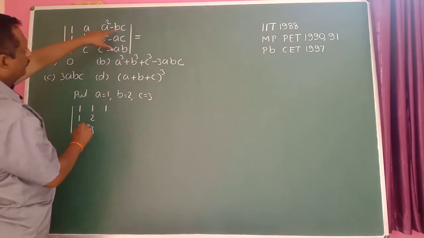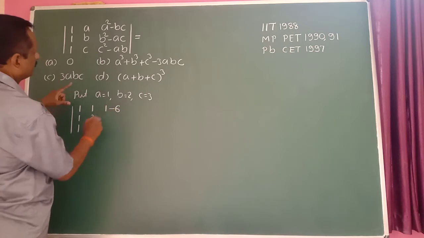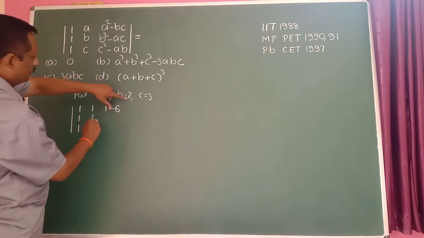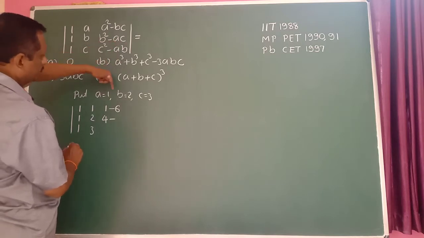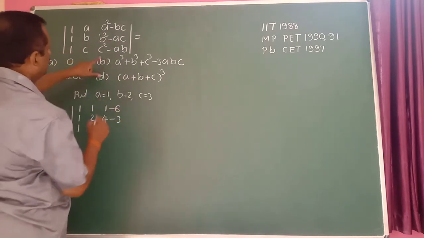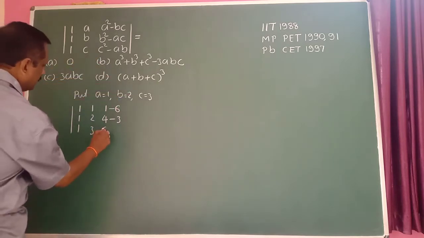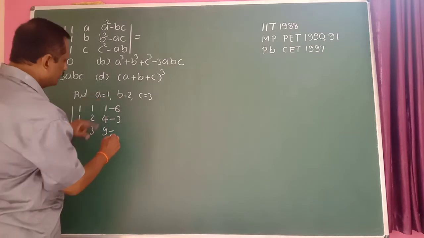B into C means 2 3s are 6, minus 6. B square is 4, minus A into C, 1 into 3, it is 3. A into C here. C square, 3 square, 9. Minus A into B, 1 into 2 becomes 2.